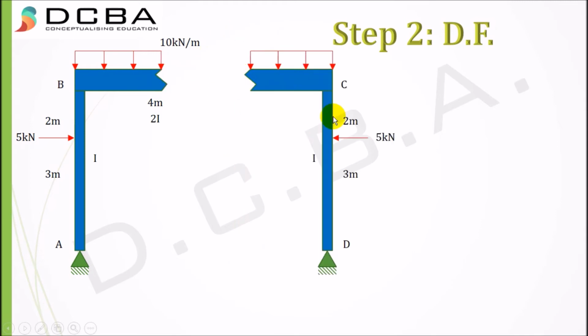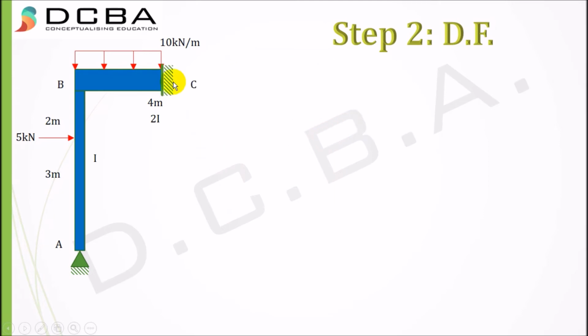Once the right side part is separated, we only require the left hand side part, because since both are symmetric, we have to work only with one side of the part, and this right side should be vanished. Now where we cut it, we have to give a fixed support there. Okay, the portion where my structure was being cut, I have to give a fixed support.